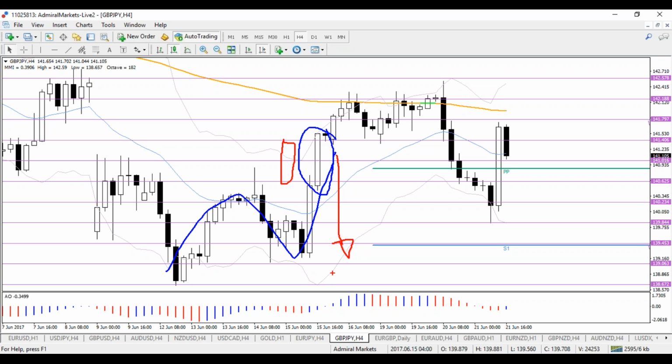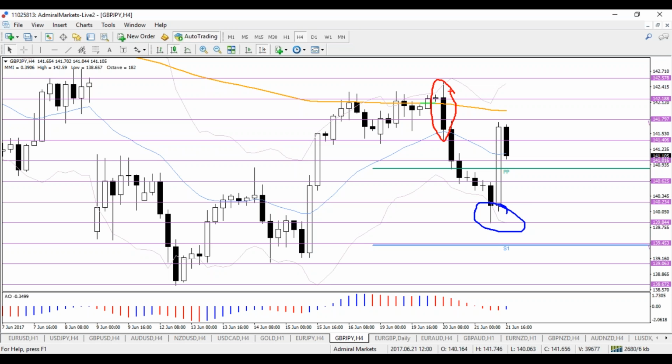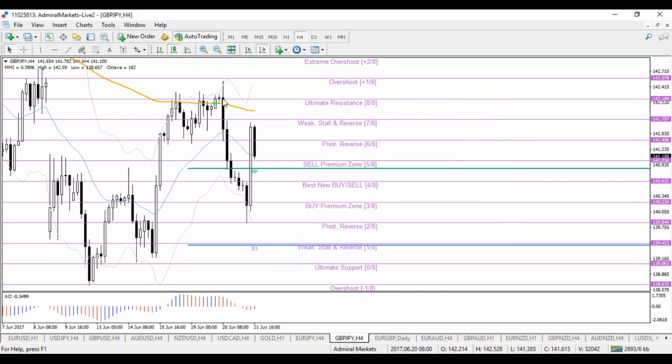So any other examples? Well, we talked about this one already, and this is a pretty strong engulfing twin here at a high Murray math level plus Keltner and moving average. So this candlestick pattern was also pretty interesting, right?